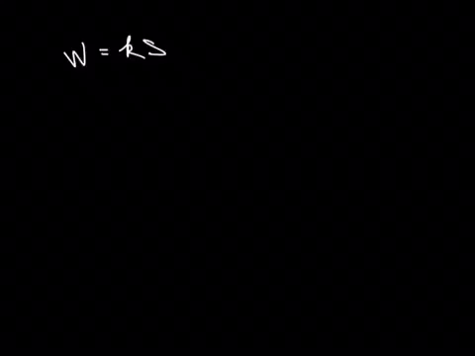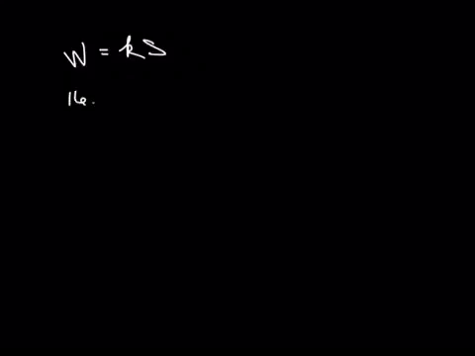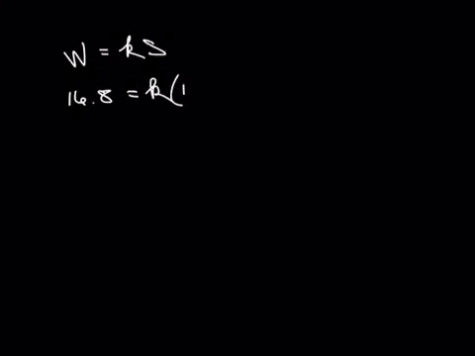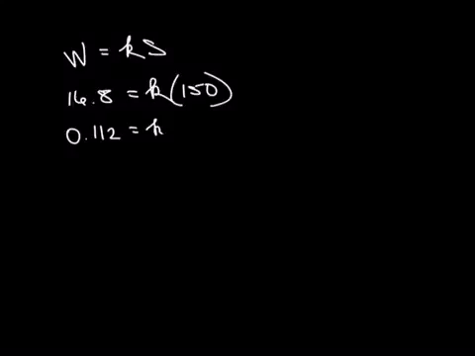So the water is going to be the 16.8, and the melting snow is going to be 150. Okay, you go ahead and divide things out and you get 0.112 for k.